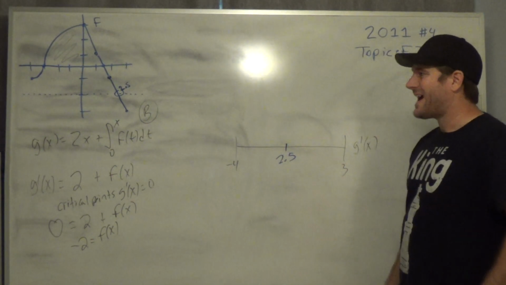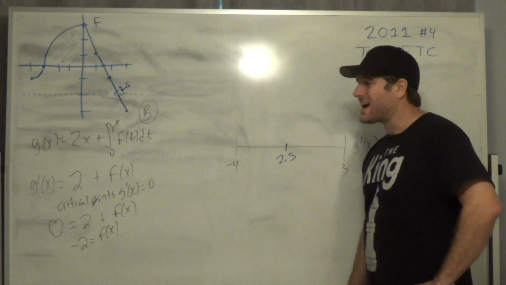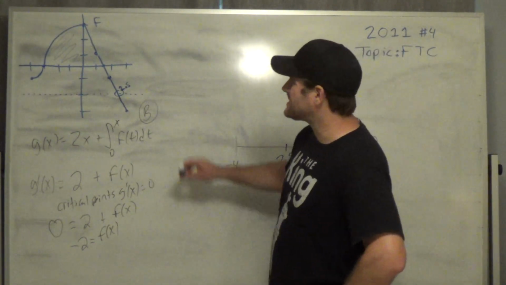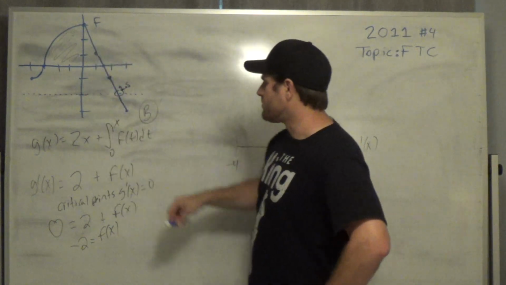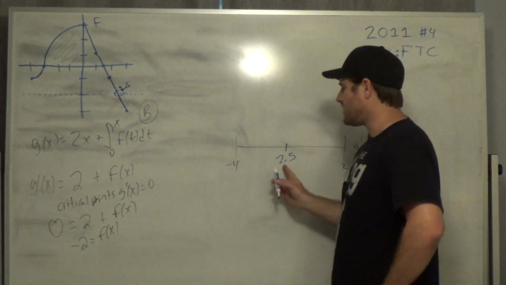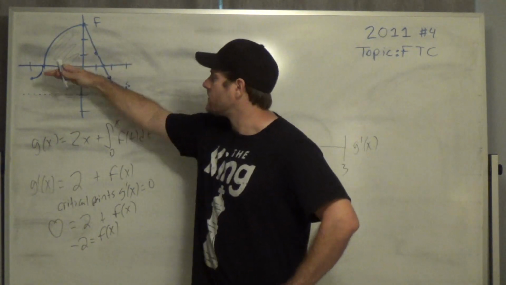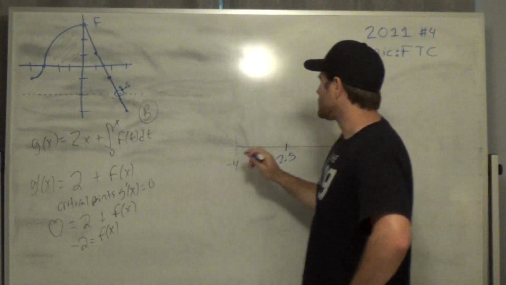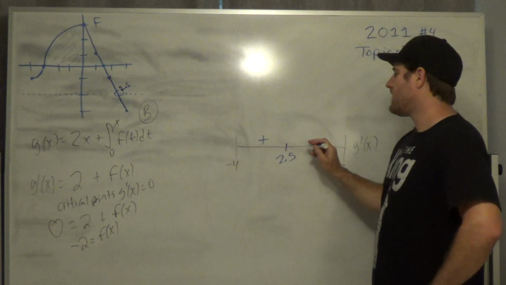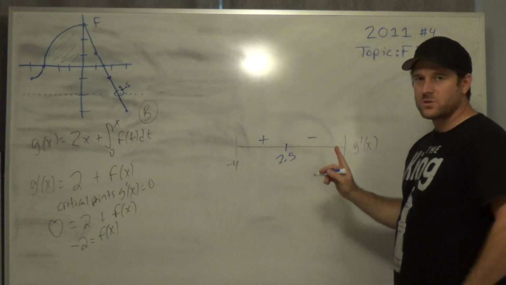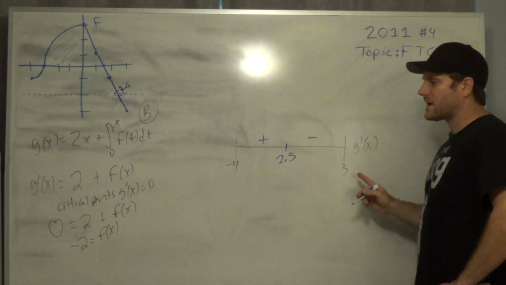Okay, now, it's almost like our sign analysis chart has kind of been shifted. Instead of saying, when is it above or below 0, it's basically, when is it above or below this 2.5. Well, it's above 2.5 over here, and it's below over here. But there's another way of thinking about it. Remember what G prime x is.